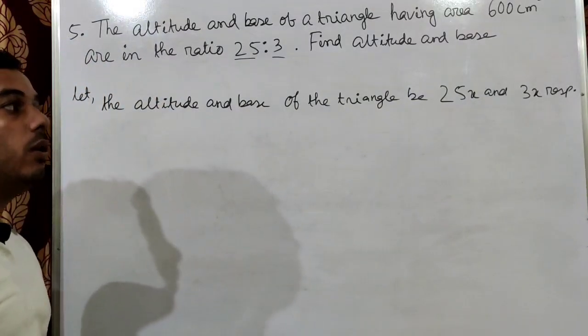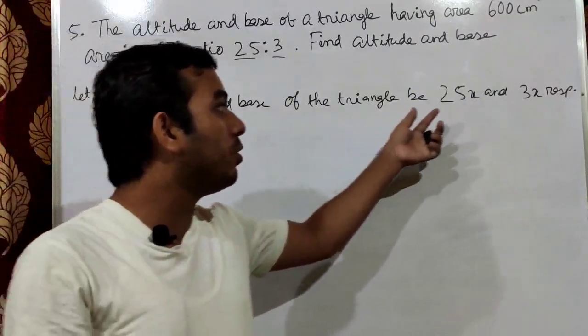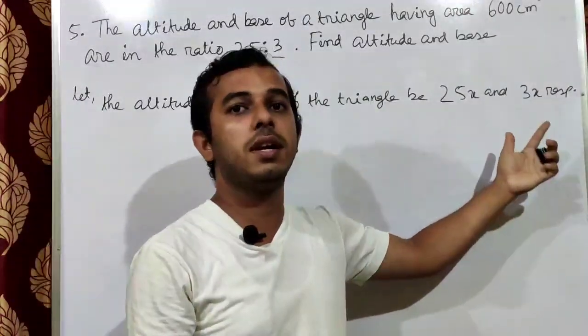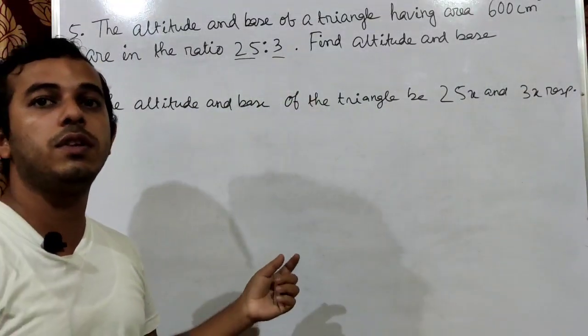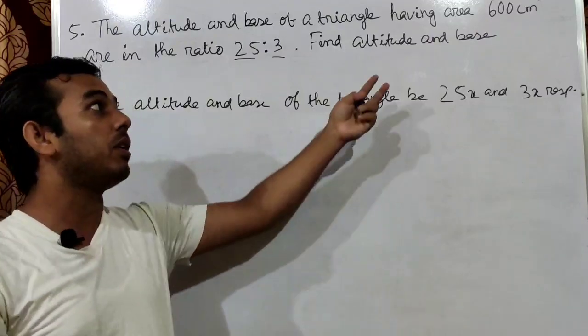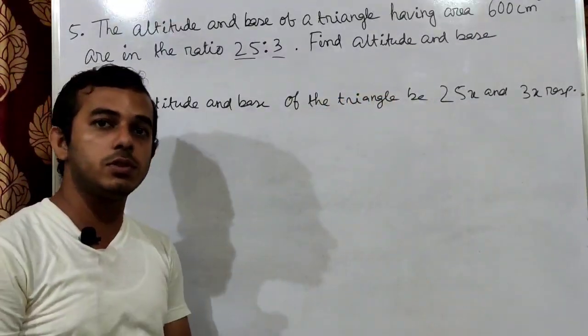So now we know the altitude is 25x and base is 3x, so we will multiply both of them with half and we will get the result, which is 600 centimeter square.